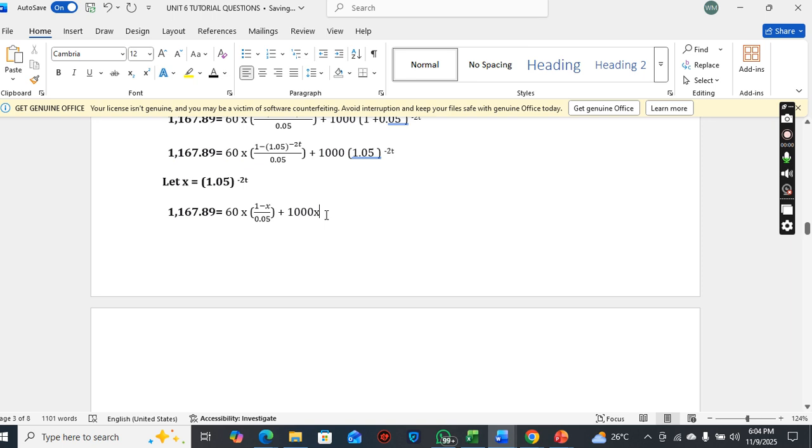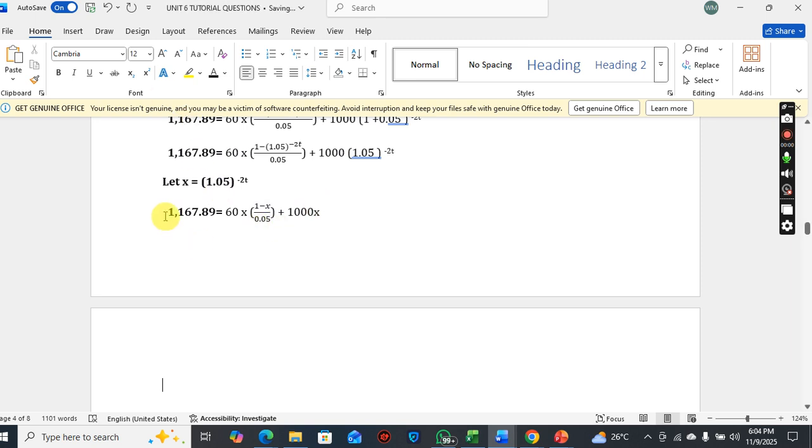Okay, colleagues, I hope you're seeing what's happening here. To make our calculations easy, we've just made this 1.05 to the power negative 2t. We just make it x so that we can solve easy.